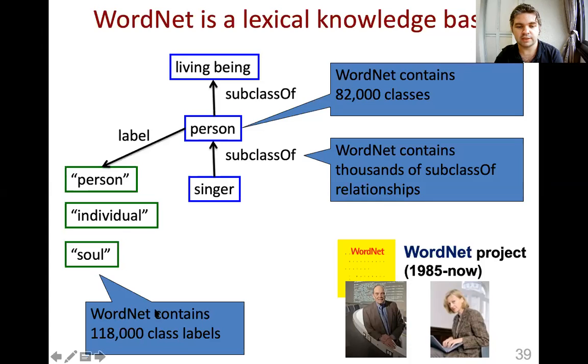WordNet contains 118,000 class labels inside. But of course, at the same time, the disadvantage of WordNet will be that everything is an object, and then they have different levels of hierarchy. So for a certain object, you have 10 more levels of hierarchy on top of it, but some other leaf object may only have 3, 5. So it's not a very structured system.